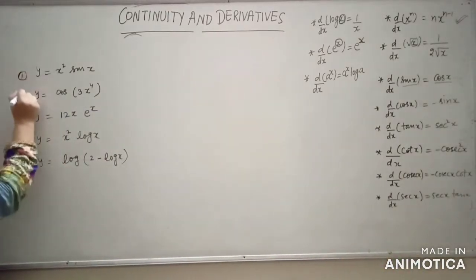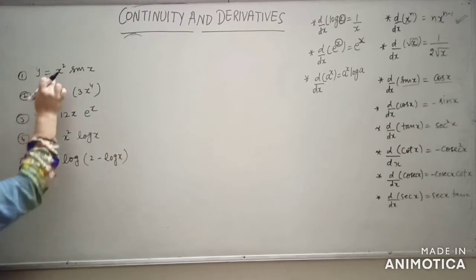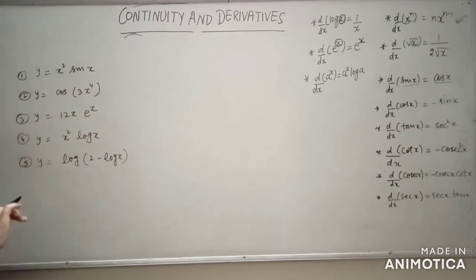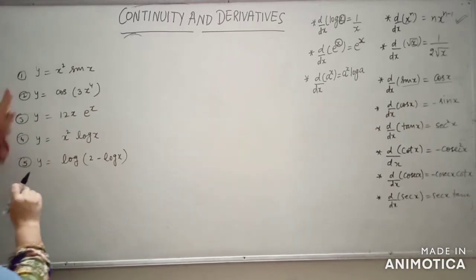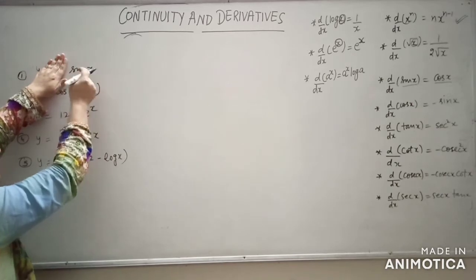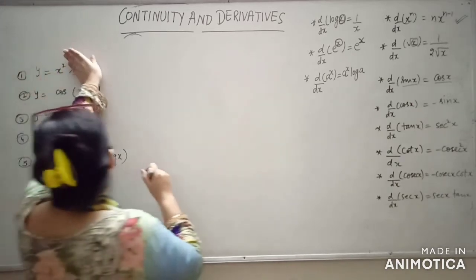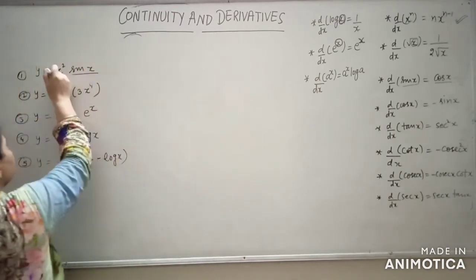These are some examples I have written. This is x square sin x. In x square sin x, if we separate it, sin x can exist independently. Okay, if I take x square, it can independently exist.